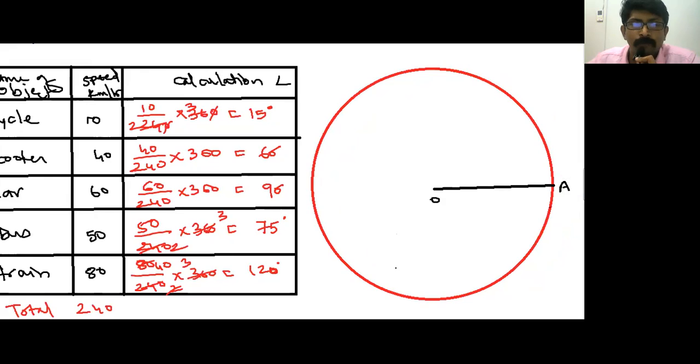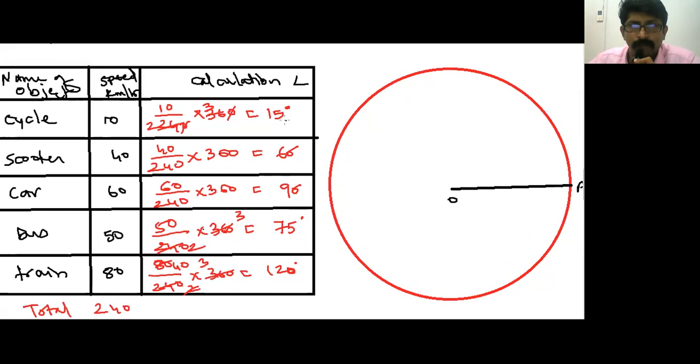Okay, now from here, if we draw 15 degrees, so if we take a protractor over here, and just draw over here 15 degrees, you're going to get something like this. Okay, you'll have to use a protractor, students. You can't do it like me, with just a hand gesture. Even if you're doing it like this, you'll actually have to use a protractor over here.